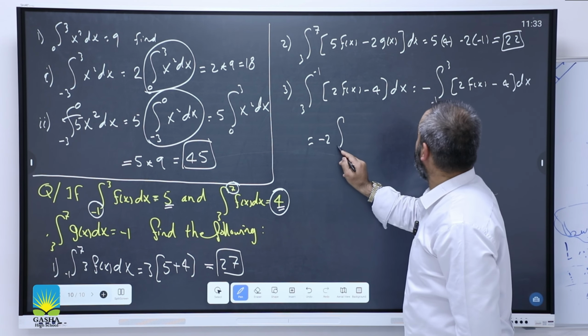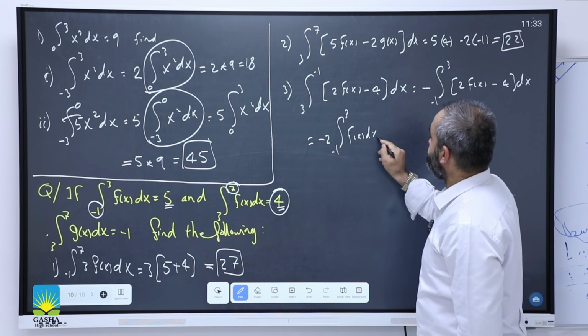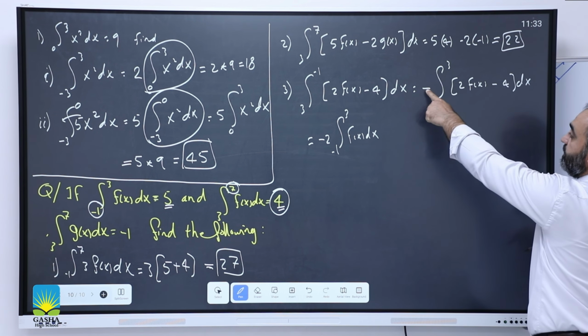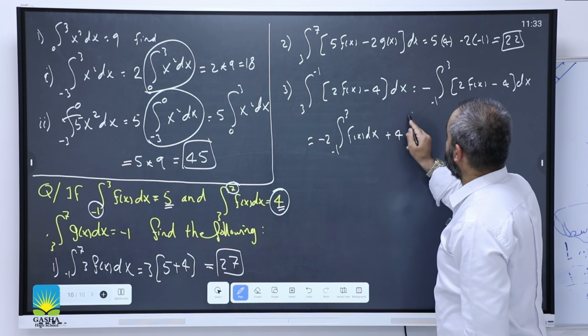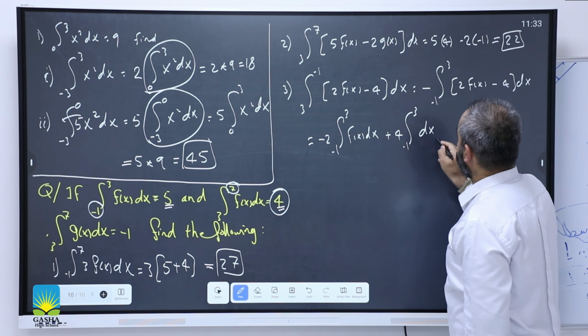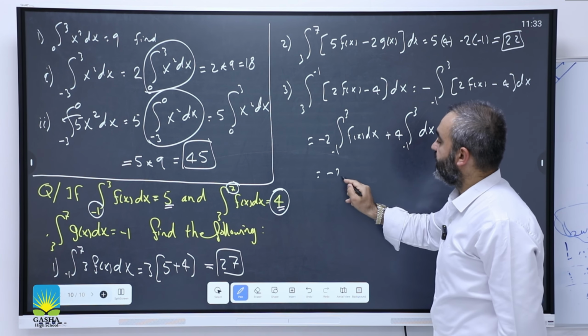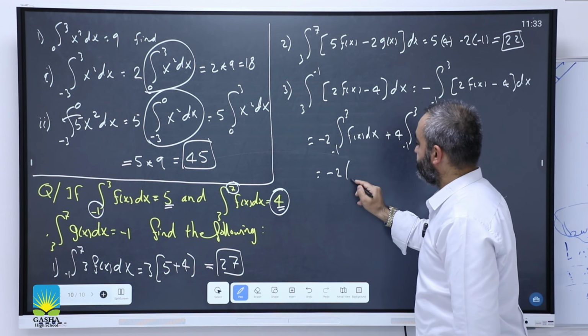-2 integral -1 to 3 f of x dx, and we minus times inside bracket becomes 4 -1 to 3 dx. What about this? -2, -1 to 3, we have 5.